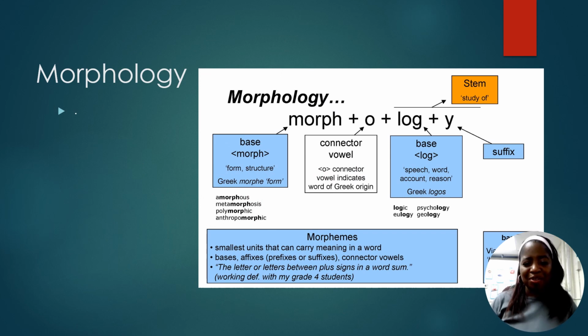We're moving on to the next concept, which is morphology. Morphology is a study of consequential units of language and how they merge together in word creation.